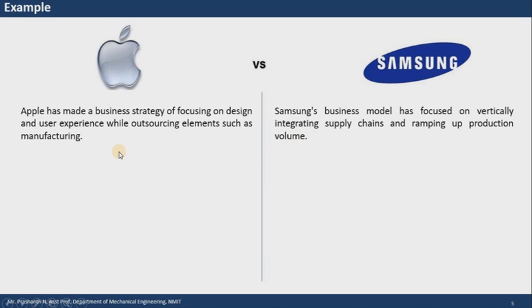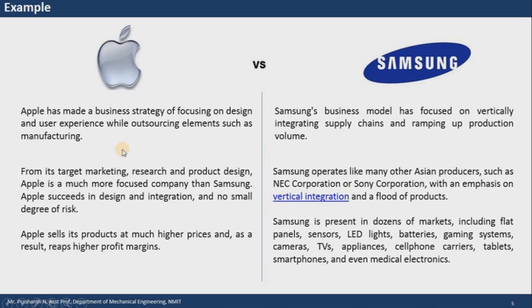If we look a little more in detail, Apple spends a lot of time on target marketing, research, and product design. As a result, Apple succeeds better than Samsung in design and integration, and it doesn't want to take any risk with respect to the design and integration of its products. That is what Apple does.